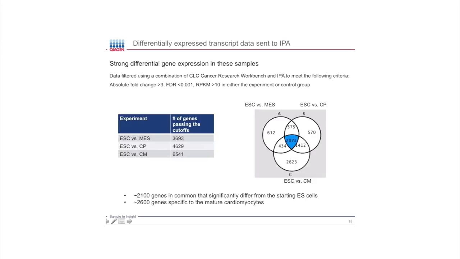This is a screenshot from IPA showing a couple thousand genes in common that were differentially expressed among all of them. And then there are specific sets of genes, for example 2,100 or 2,600 genes that were specific to the mature cardiomyocytes.